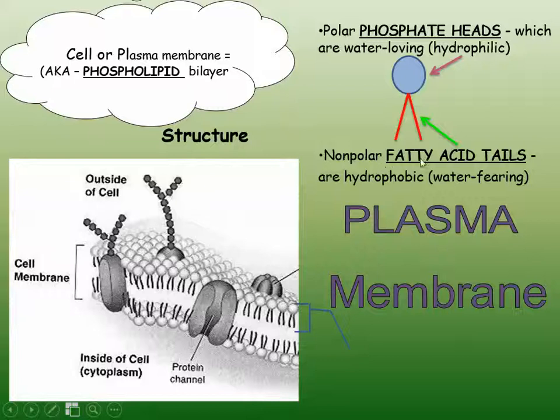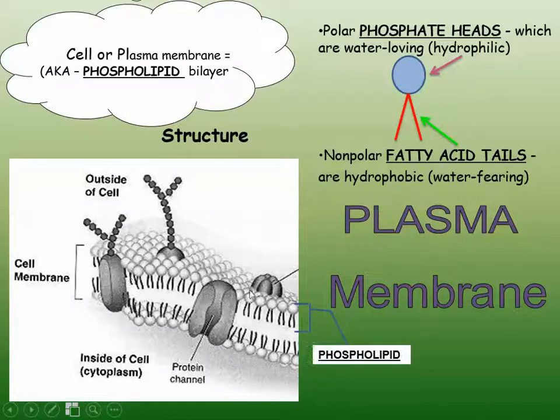These fatty acid tails are hydrophobic, so they're water-fearing. They do not like water. Water and them do not mix, right? So in this cell membrane, you have the fatty acid tails that don't like water, and then you have the phosphate heads on the outside that do like water. And that's what's going to give the cell membrane a lot of its interesting characteristics that we're going to go into.